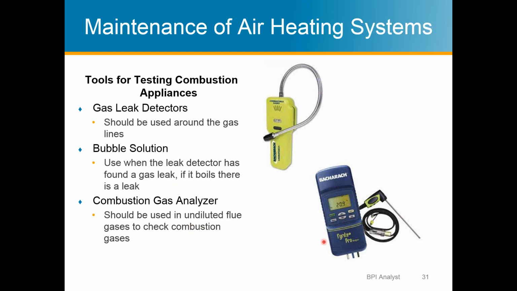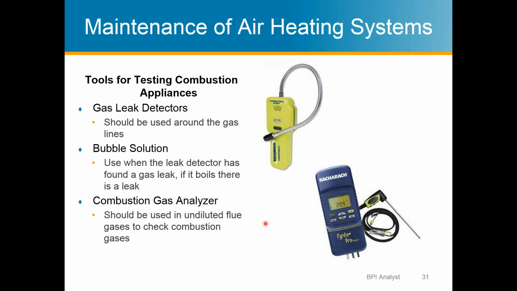And then the combustion gas analyzer, this is a very old type. They don't even sell these anymore, but they're all about the same. The cheapest versions will tell you combustion carbon monoxide, CO, only, which is what will kill you.